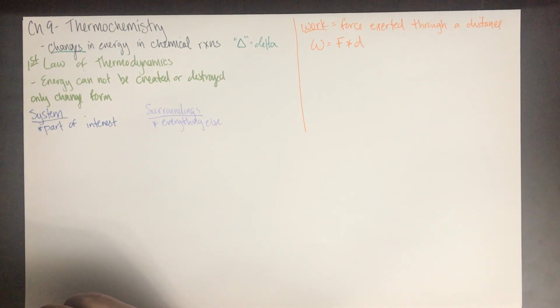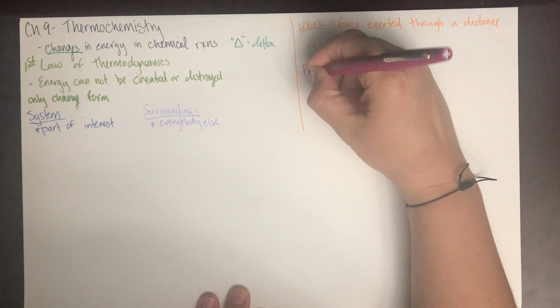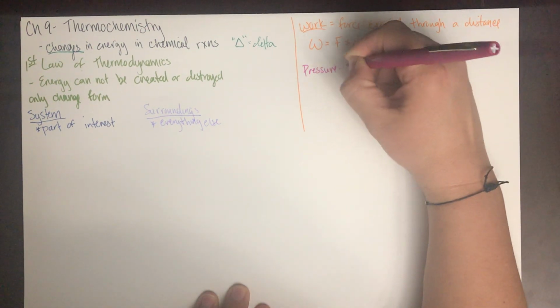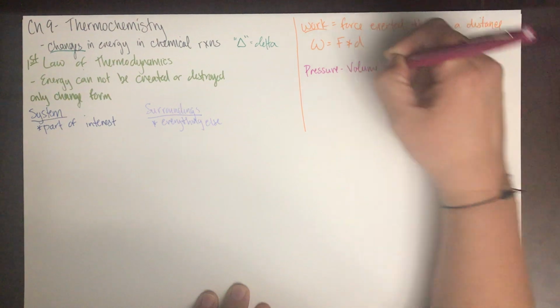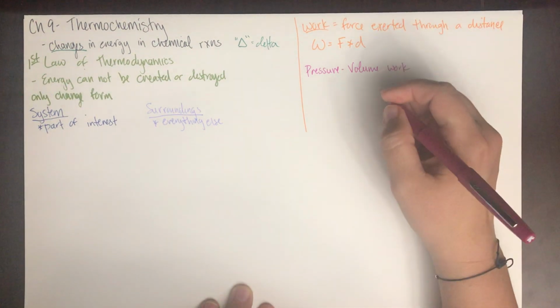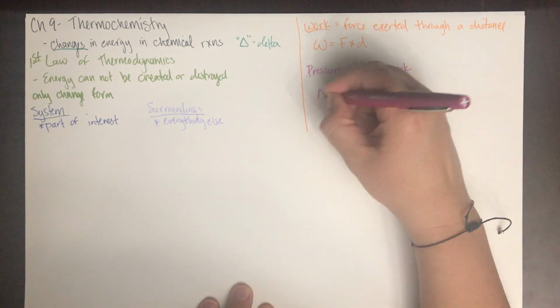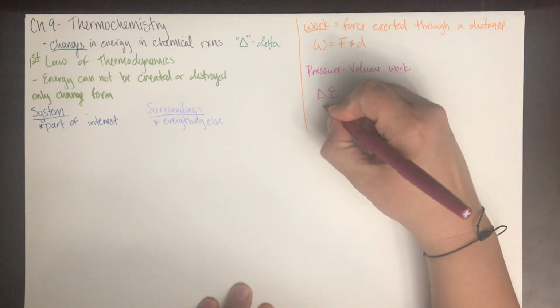You also might be asked to solve for something called pressure volume work. So solving for pressure volume work is a different formula. Pressure volume work says delta E, so that's the change in energy.